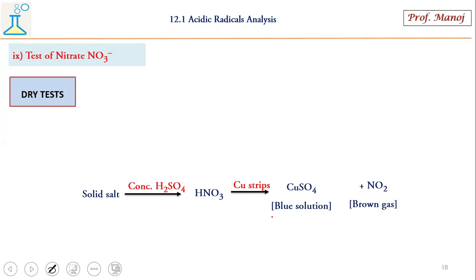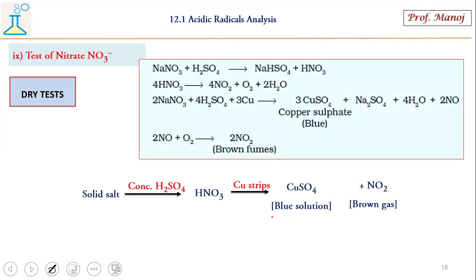Along with that, the entire remaining solution becomes bluish in color. So you can see the reason for that. Brown fumes are due to NO2 and blue color is due to copper sulfate. If you trace back the whole thing, this is your main radical NO3 minus getting converted into HNO3. Trace where NO3 is going.